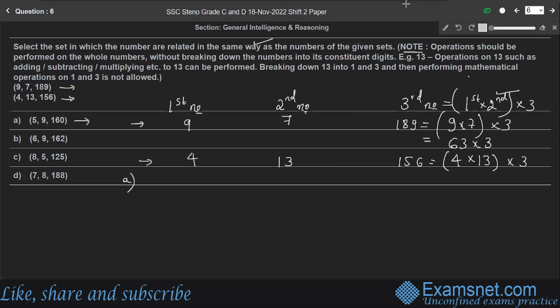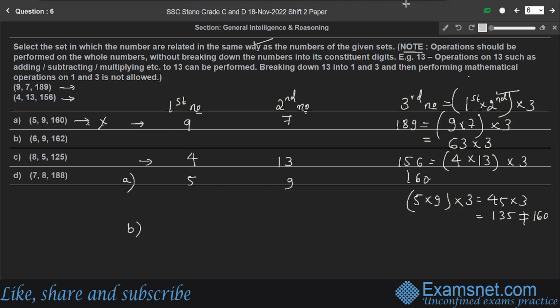First one, 5, 9, 160, are the given three numbers, where the third number should be equal to the product of first two numbers, 5 and 9, into 3. So the product of 5 and 9 is 45, into 3 is equal to 135, which is not equal to the third number in the given set, which is 160. Therefore, option A doesn't follow the logic of the given two sets.